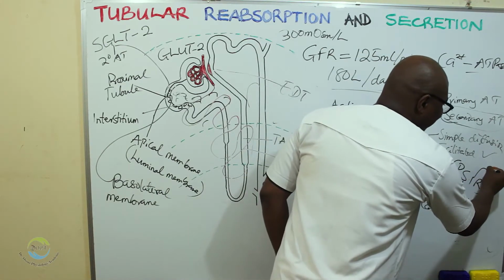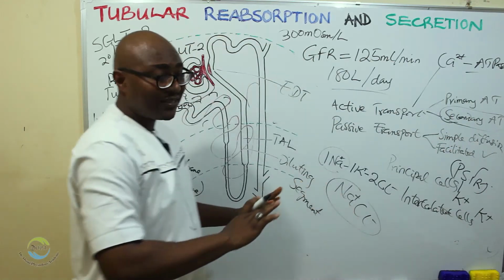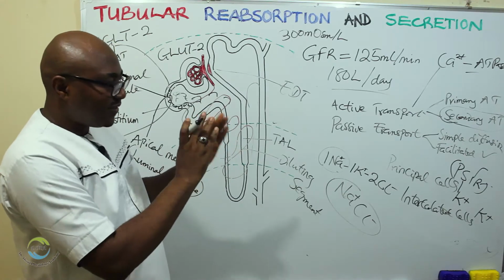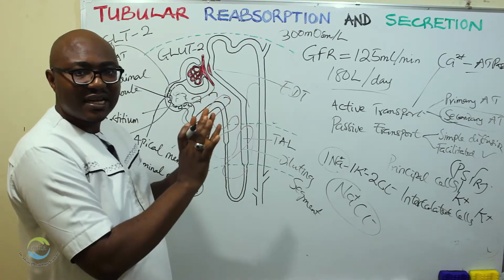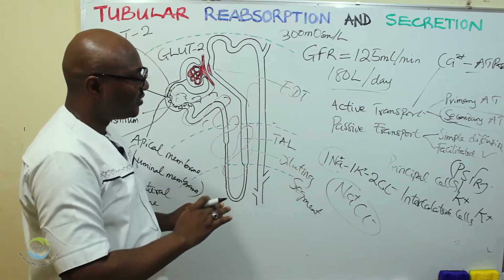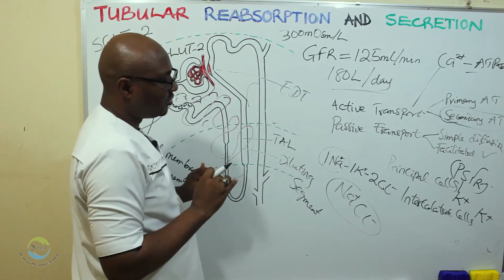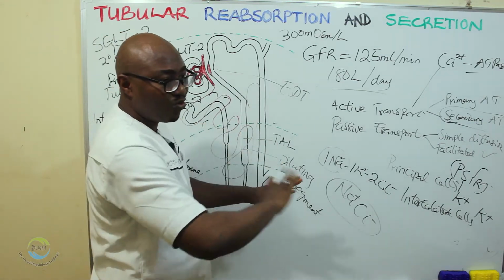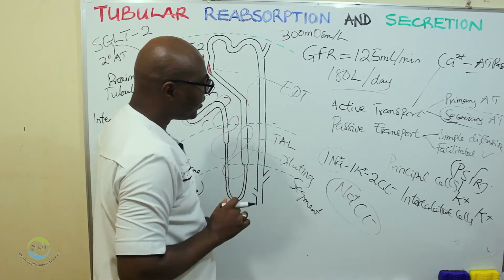The intercalated cells reabsorb potassium. Can you see the difference? These two cells handle the same potassium differently in the same distal tubule and collecting duct. While the principal cells secrete potassium, the intercalated cells reabsorb potassium. But both of them secrete hydrogen. Like we said, hydrogen is always secreted in all parts except the thin part of the loop of Henle.